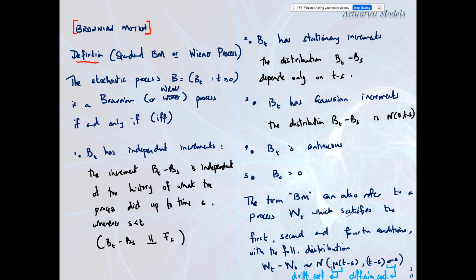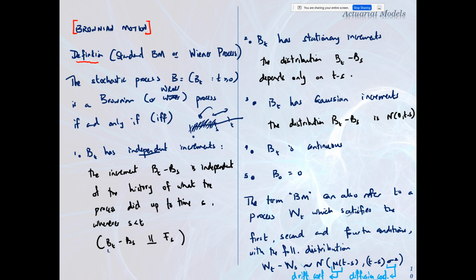If and only if B_t has independent increments. I think you're already aware of what is meant by independent increments. It is defined here: the increment B_t minus B_s is defined over the time interval s to t. So B_t minus B_s is independent of the history of what has been happening up to time s. It is independent of everything that has happened before time s.